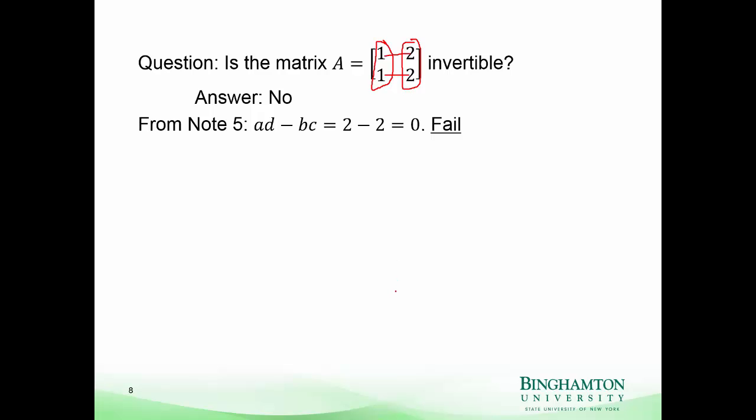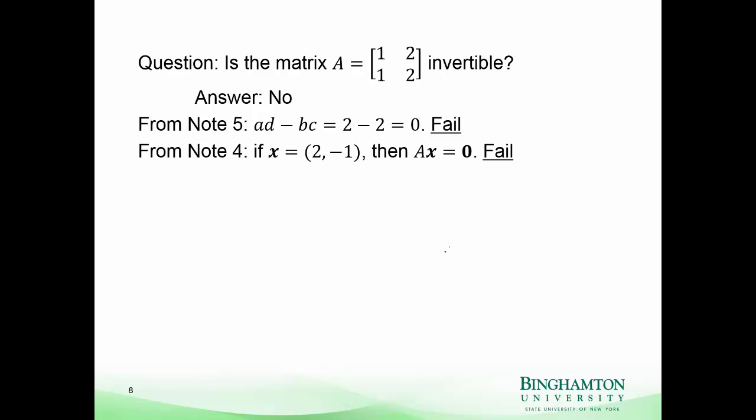We've seen this kind of issue before, and in fact, if we were to try to do elimination on this matrix A, we would find that we don't have 2 pivots. We have the first pivot, which is the 1 in the upper left-hand corner. But once we do that first elimination, we'll end up getting 0, 0 in the bottom, and so we would not have a pivot on the second row.